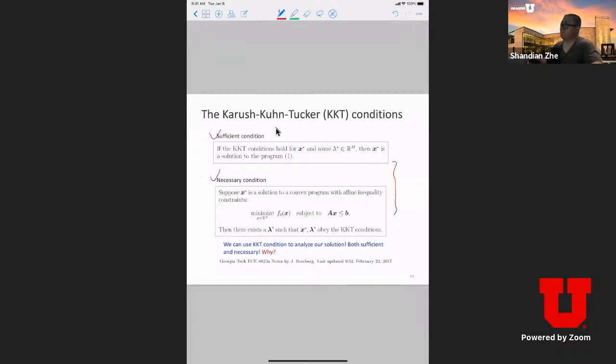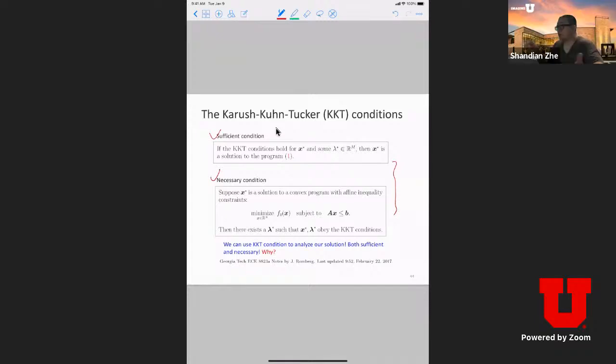Why? Any thought? The constraints are linear in our case, so probably that's why it's necessary.